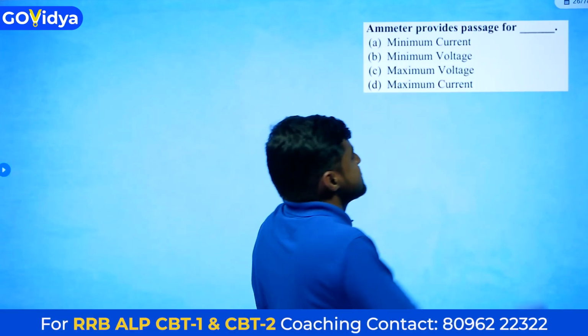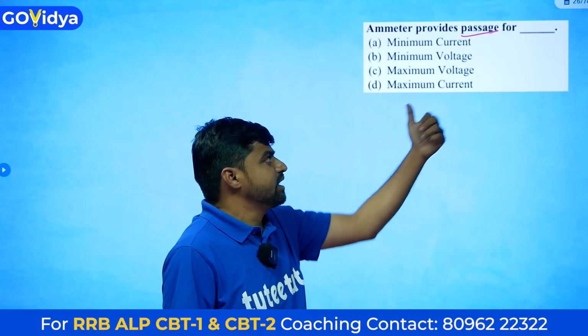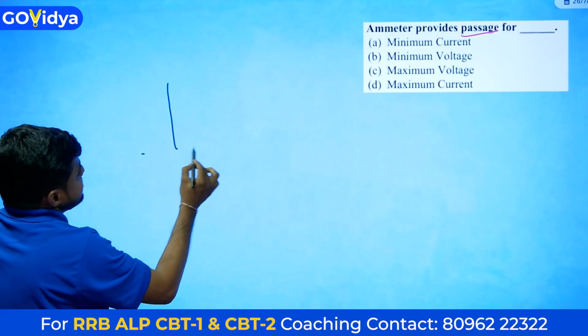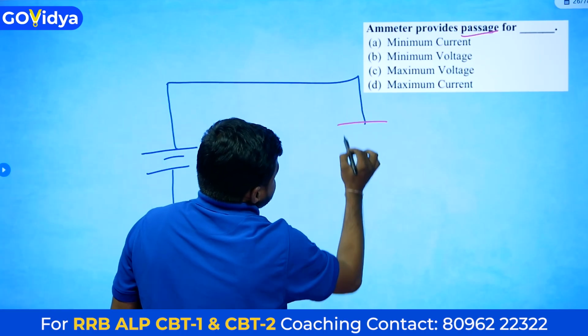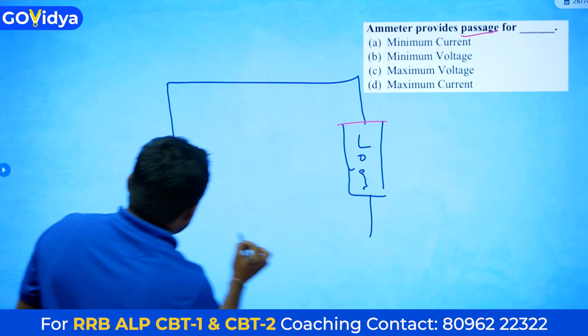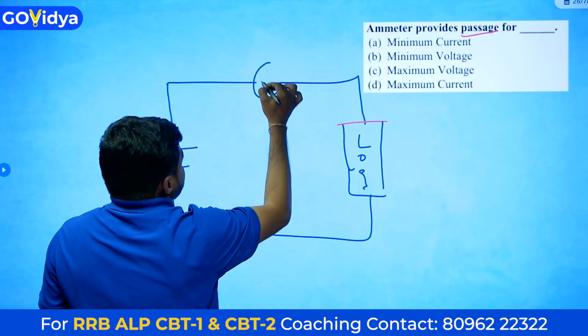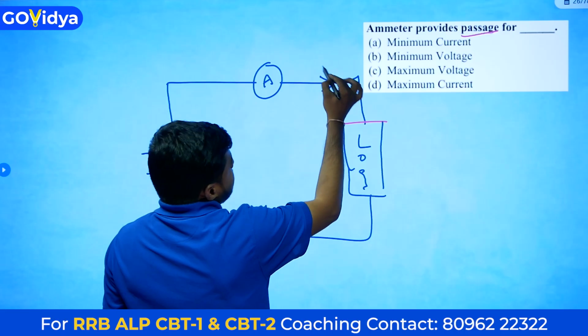Next question. An ammeter provides passage for: minimum current, minimum voltage, maximum current, or maximum voltage. An ammeter is connected in series with the load. Let us say this is the load; here we will connect the ammeter. The ammeter carries the load current IL.